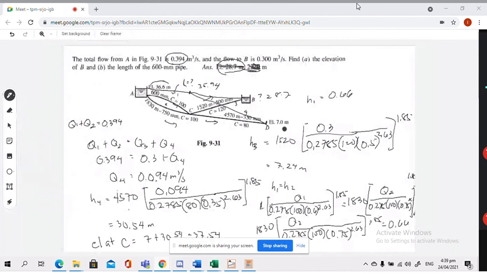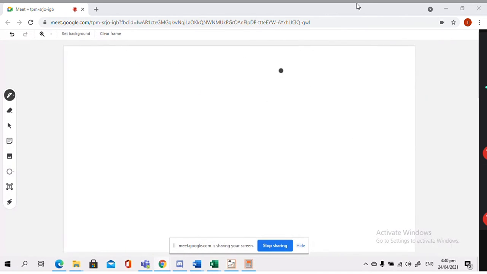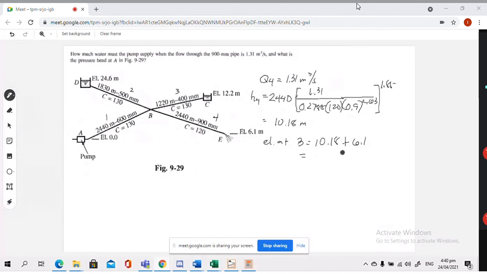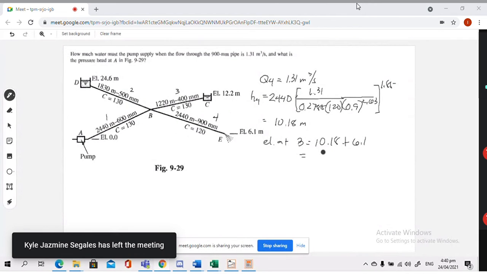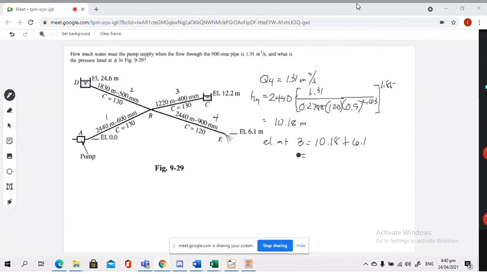Sabot na ko dire. Okay. So sakto na lagi to. Marong tong problem. So plus 10.18 plus 6.1. The answer will be 16.28. So that would mean na ang elevation at B is equal to 16.28.